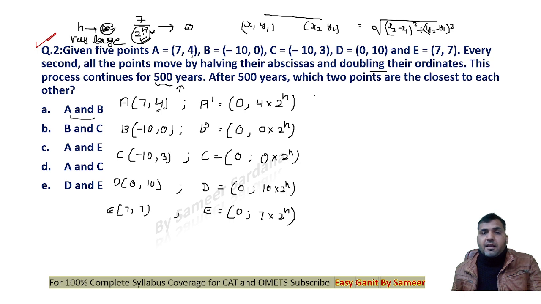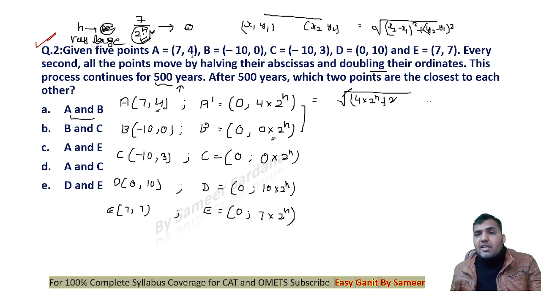square, right? Now see guys, if I want to find out the distance between AB, it would be the square root of x2 minus x1 square plus y2 minus y1 square, right? So this will be 4 into 2 power n minus 0 into 2 power n is 0 itself. This is square, right?